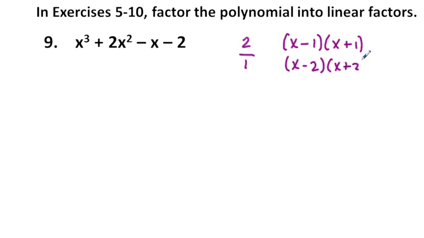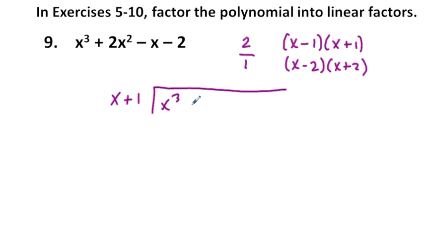So that's kind of like a list of possible factors. But let's go ahead and try, if we just say x minus 1, we're kind of getting into polynomial long division. Okay, try x plus 1.